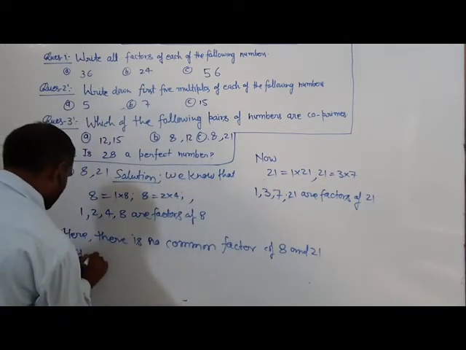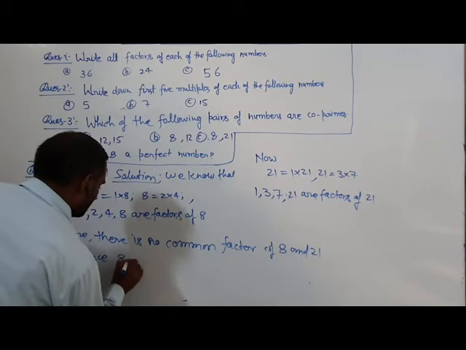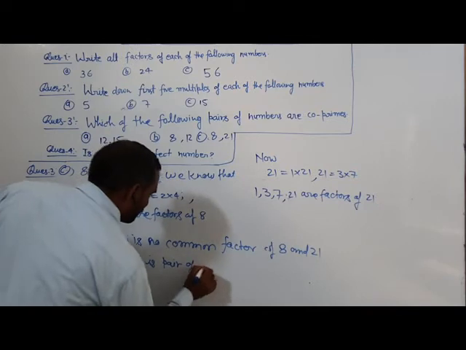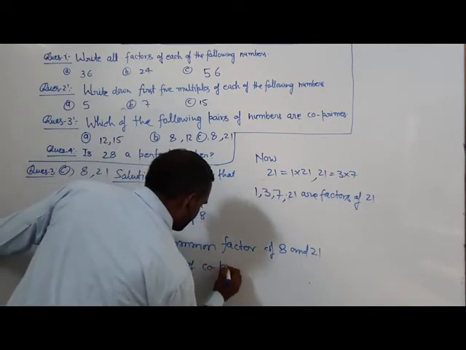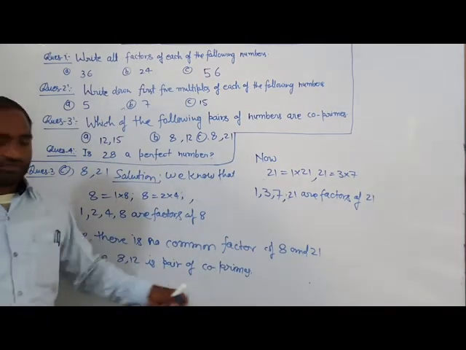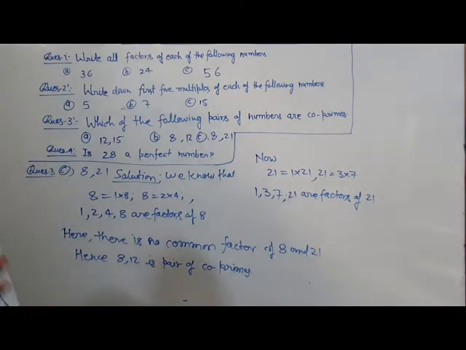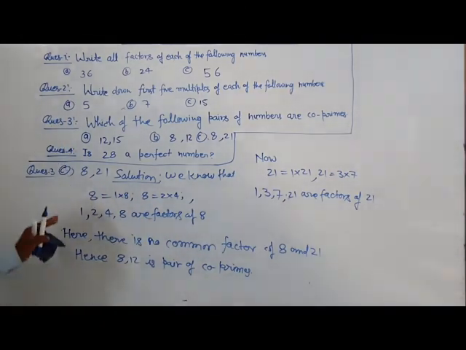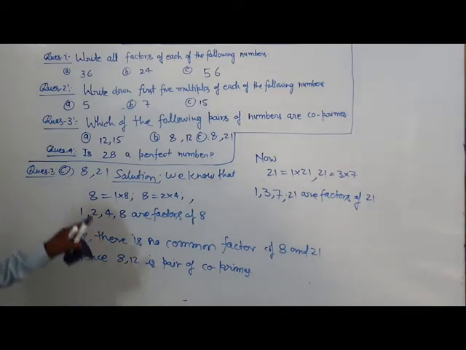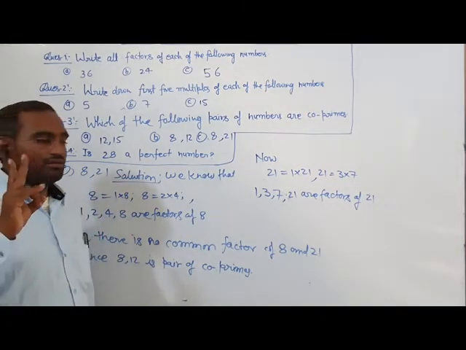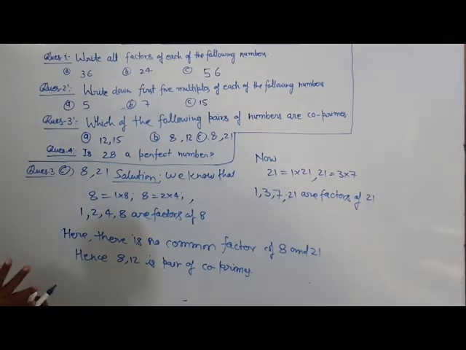Hence 8, 21 is pair of co-prime. So this is co-primes. So in second question all of us studied that if the factors of any two numbers have no common factor, then both numbers are called co-primes.